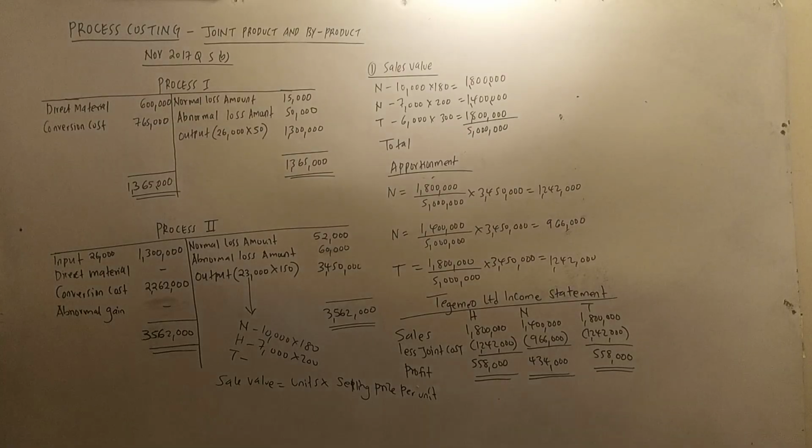From the question, information number 2 has the units, and information number 4 has the selling price per unit, 180, 200, and 300. You multiply the units with the selling price, then add them together, and the total sales is 5 million.